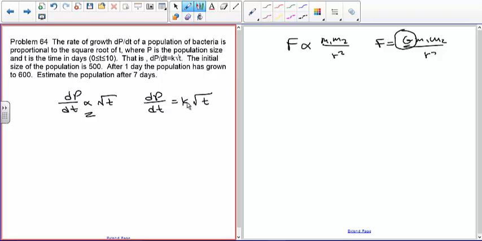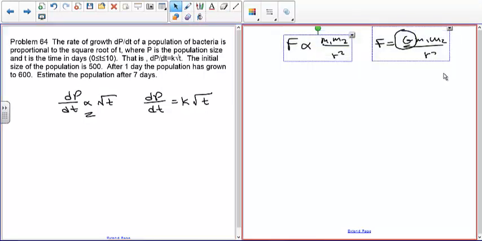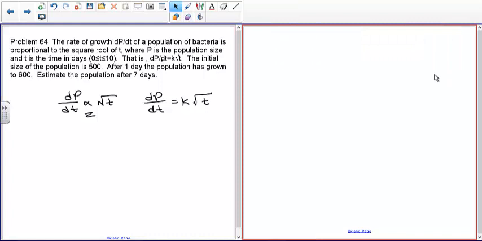We don't know what that is right now. It's an unknown, but we can use one of these pieces of information later to figure it out. Just like if Newton knew the mass of the Earth or the Sun, he probably could have figured out what G was.